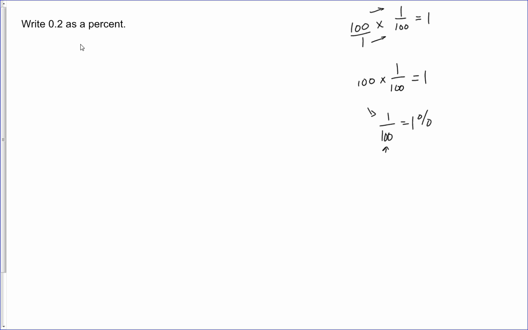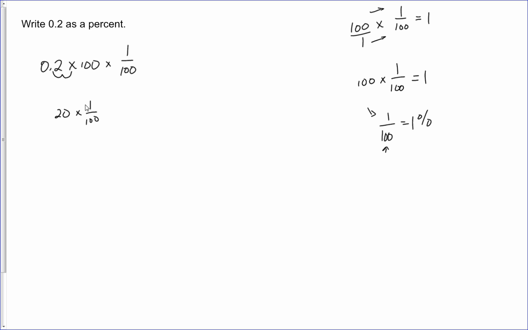So if we wanted to write 0.2 as a percent, meaning per 100, what we could do is take the 0.2 and multiply it by 100 times 1 over 100. The 0.2 times 100, of course, gives you 20, because when you multiply by 100, you move your decimal point 2 places over, and this is times 1 over 100.